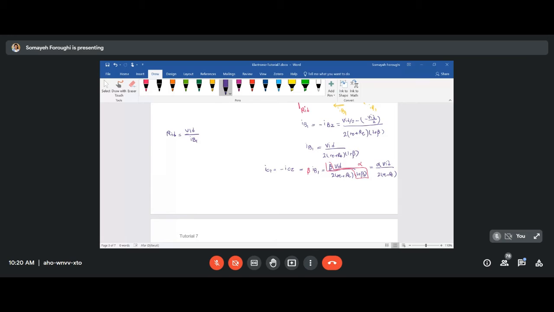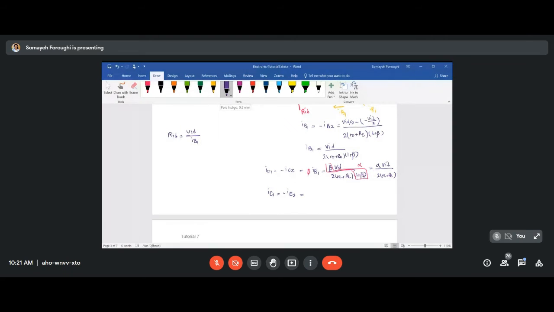So this is about IC, and you have something like IE1 equals negative of IE2 as well. What is the relation between IE and I base?